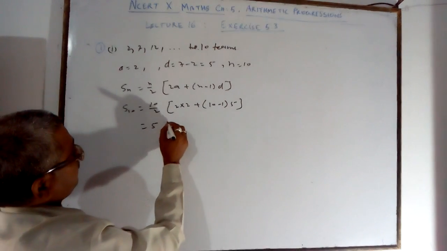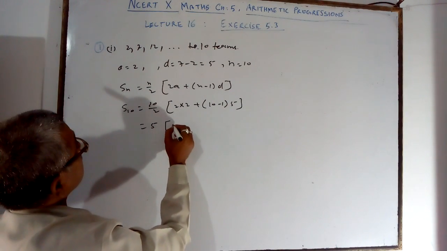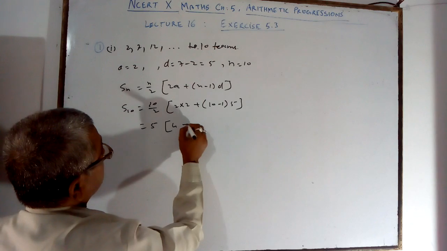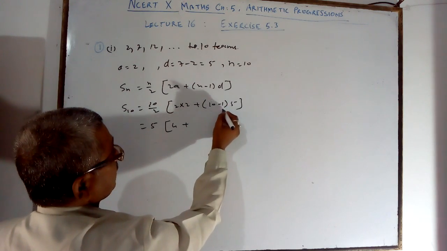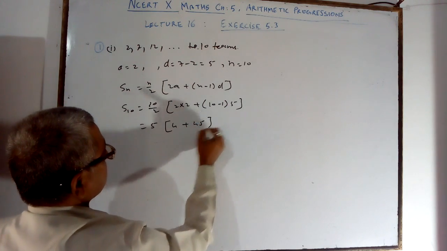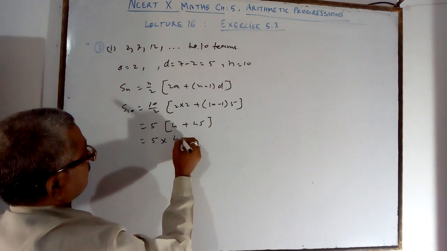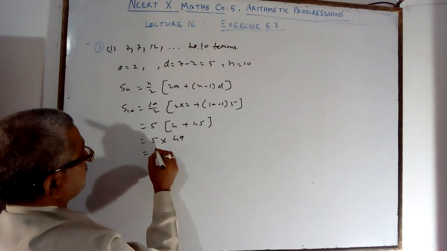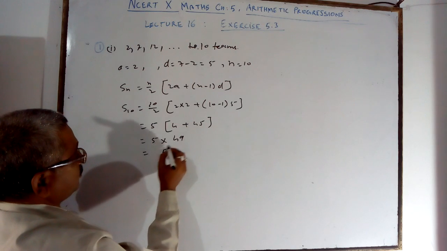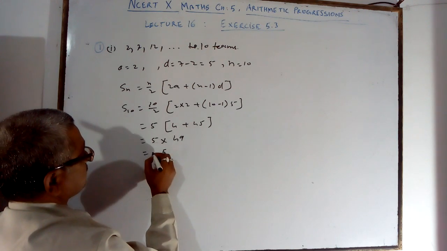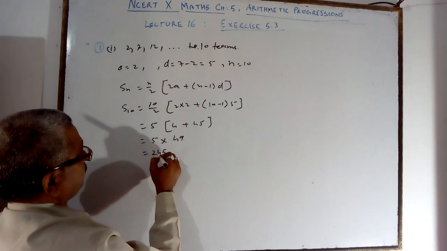So you will get 5 times (4 plus 9 into 5, that is 45). And then you will get the answer: 5 times 49, which is 245.